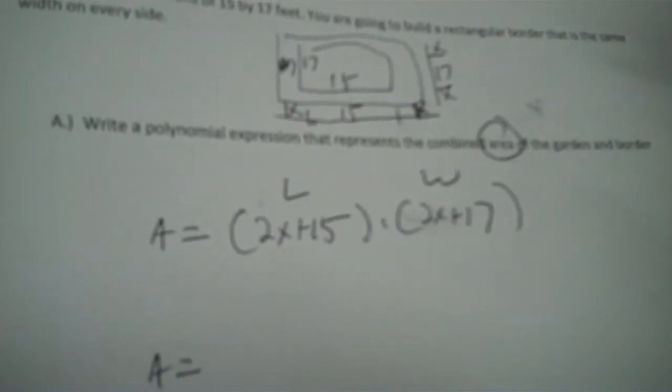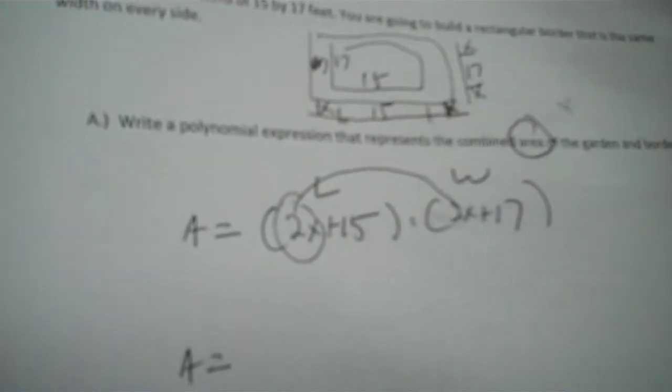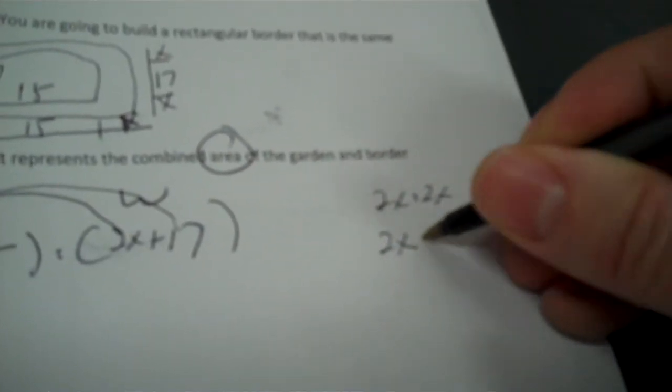Okay, you don't draw the blanks because you have to do the rainbows. This distributed property. So 2 to 2, 2 to 17 times 2x times 17. Now that's been distributed. Now we do the 15.